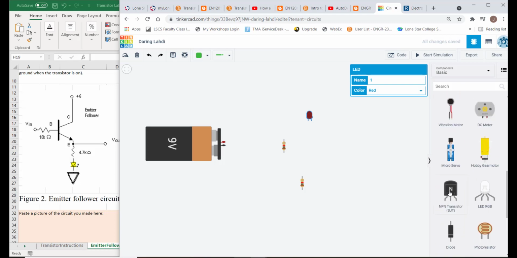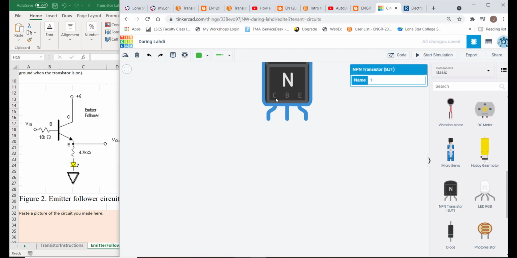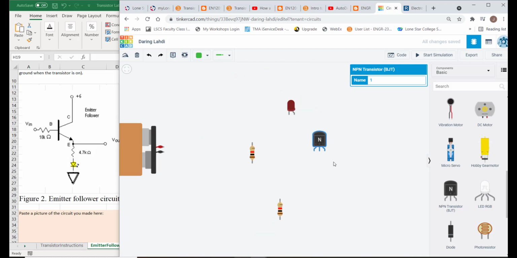Here's an NPN transistor. And if I hover over this, I can see there's a collector. So that's going to be this wire right here is the collector. I have a base, that's this input that goes into it. This controls if these two wires are attached together, and then the emitter is what's going to come through this LED out to ground.